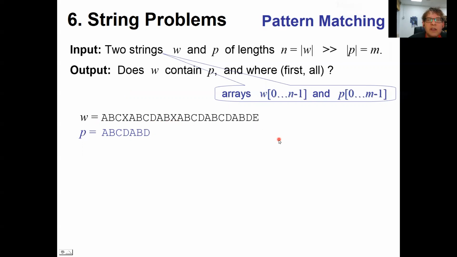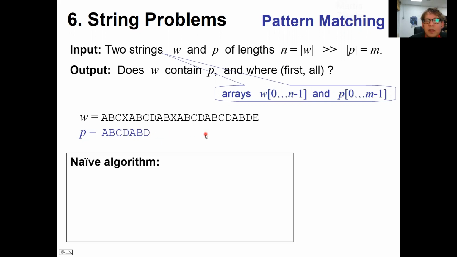The alphabet is A, B, C, D, E, X, six characters. Anyway, that's the text body. And in that text body, we're looking for the pattern A, B, C, D, A, B, D. And why is that illustrative? Let's return to that question when we have discussed the first, the naive algorithm.